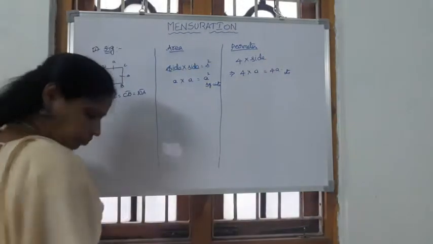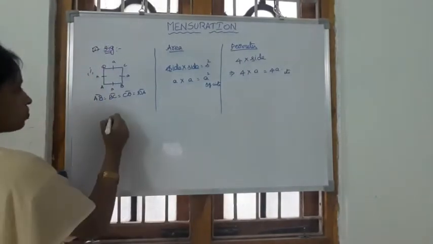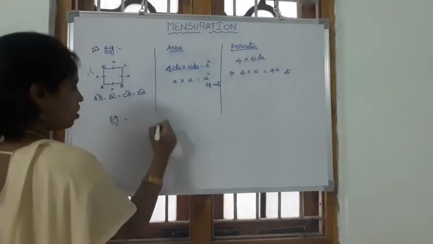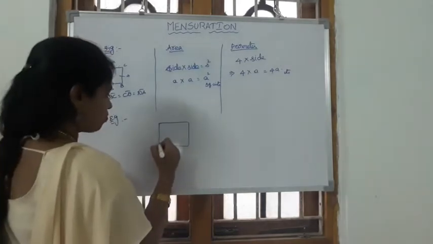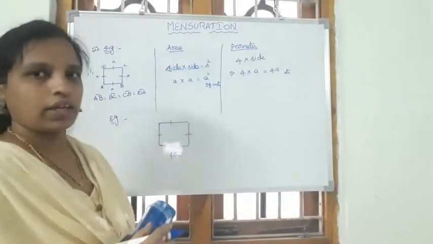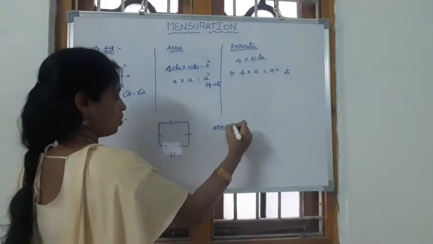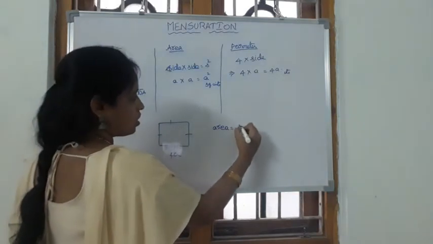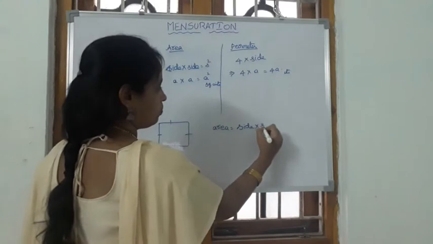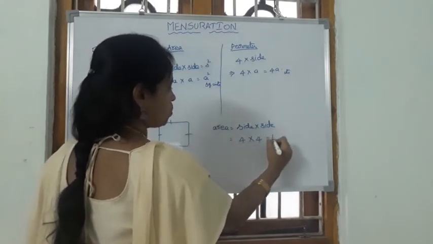For example, consider one square of side 4 centimeters. Find its area and perimeter. Area is equal to, the formula for square is side into side. That is equal to 4 into 4 is equal to 16.